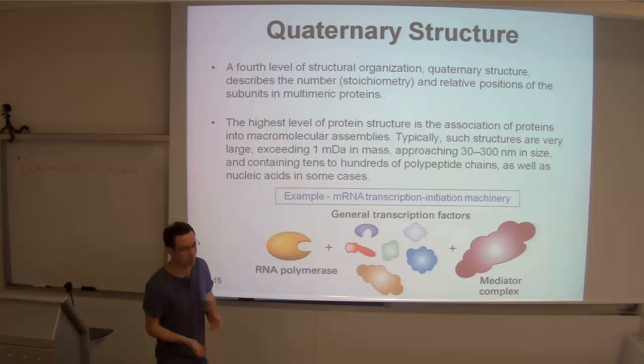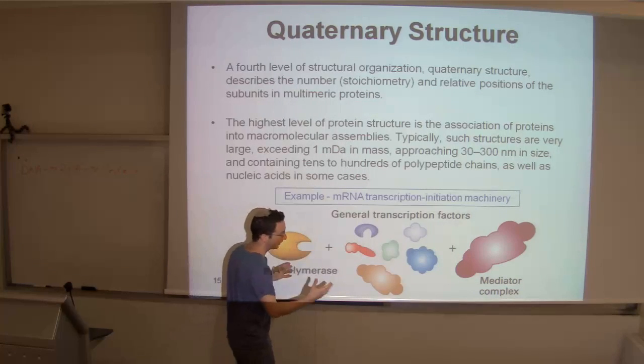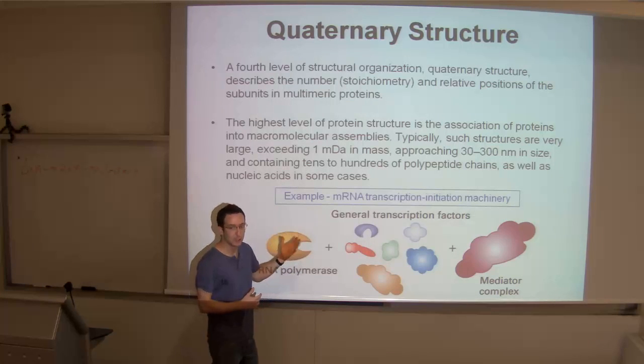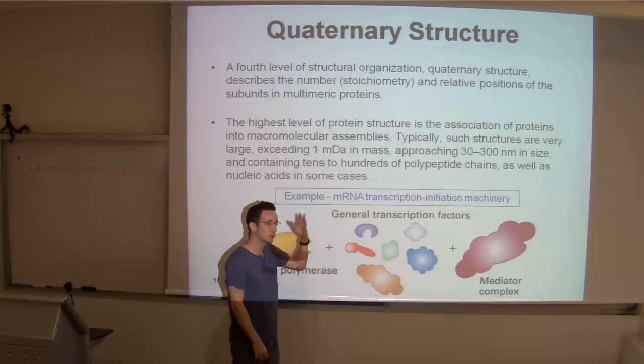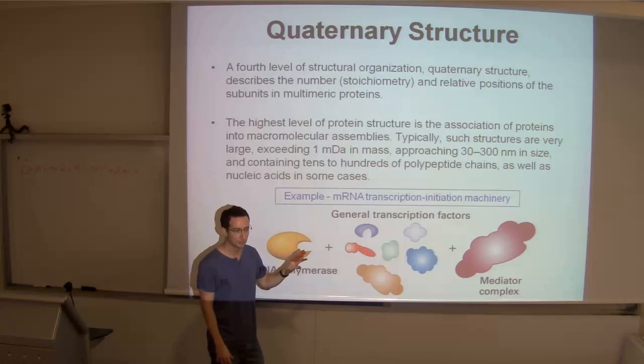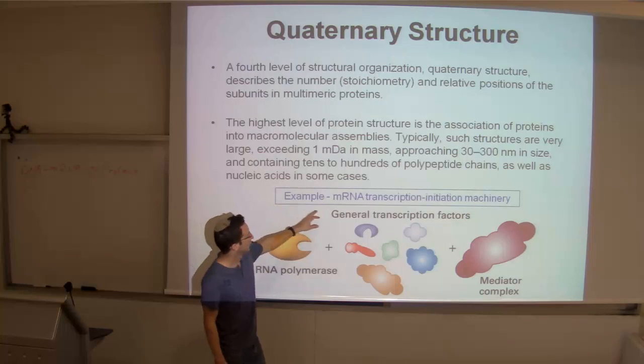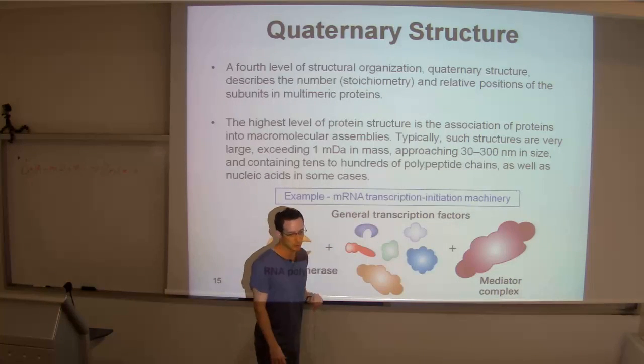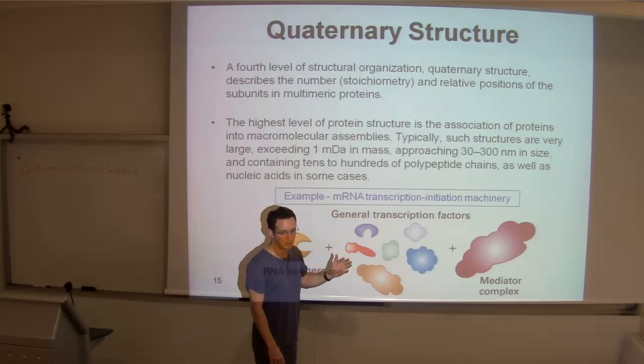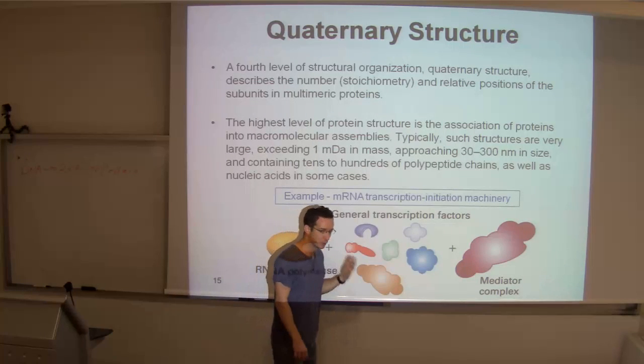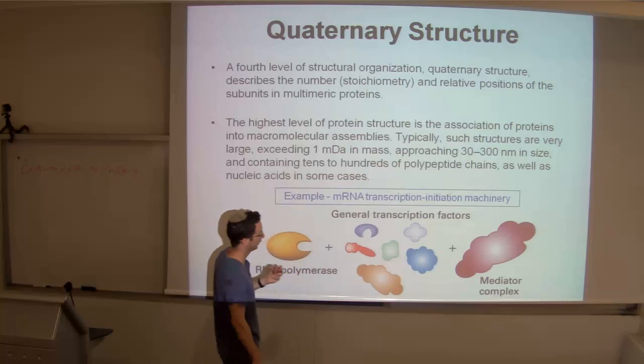And not only that, but sometimes you find big machineries that are composed of proteins and also nucleic acids embedded in them. For instance, the mRNA transcription initiation machinery. At this level, it's usually called a complex or a machinery if it does some well-defined task.